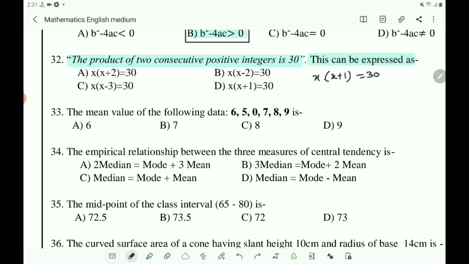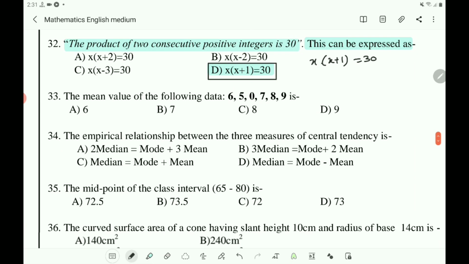So which is the answer here? x into x plus 1 equals 30. Question number 32, its answer is option D. Note down the answer, option D.